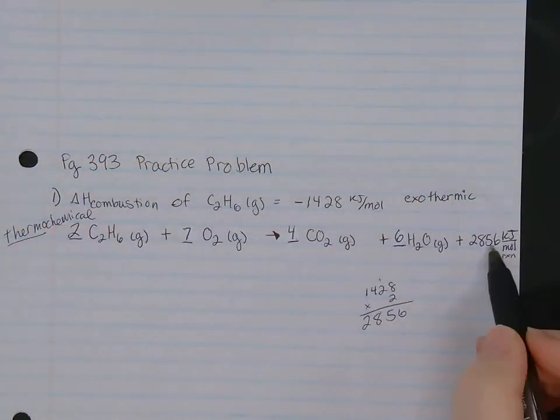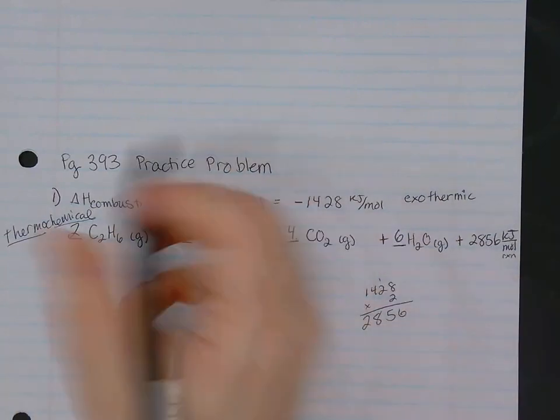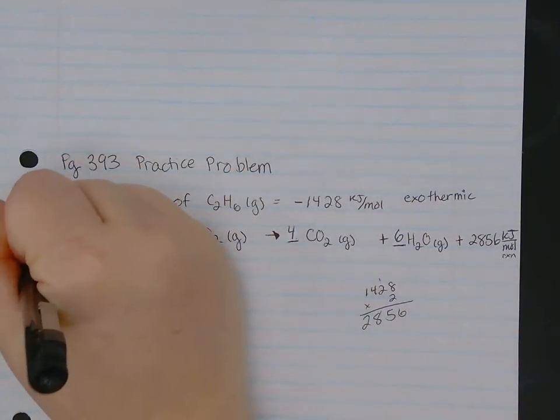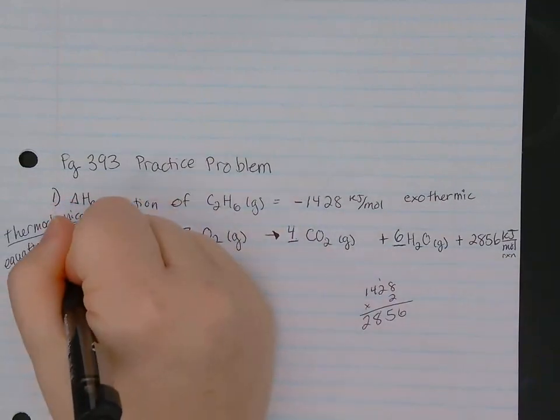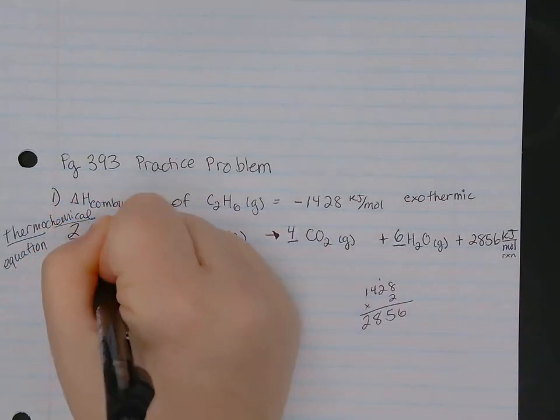Thermo meaning heat, so we've got the heat, we've got chemicals there. So that's our thermochemical equation. We also want to write it in the delta H setup. So I'm going to do that. We're going to have the same reaction.